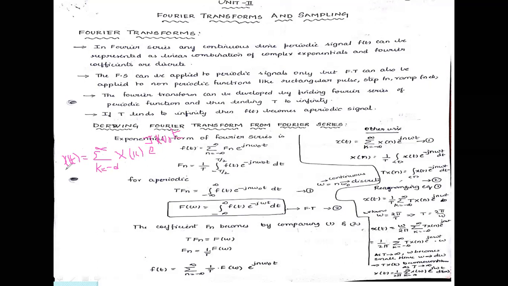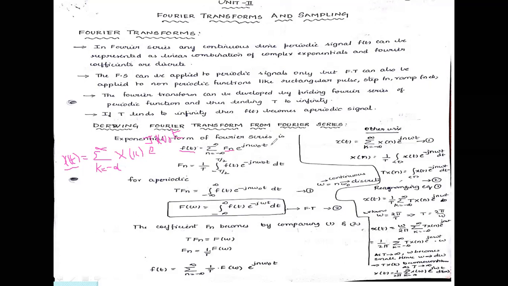Here they are taking x of t as f of t, and x of k as f of n, so instead of k they are taking n. Whenever n is there, the exponential also shows e power j n omega naught t. Nothing is different.